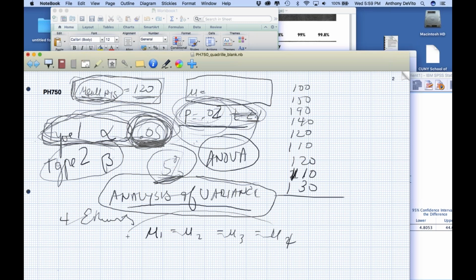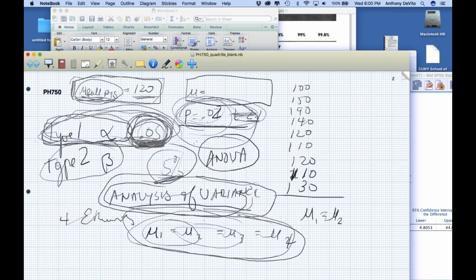We might want to know, gee, can I reject that null hypothesis and prove that the means for at least some of these groups are different? That's where we use analysis of variance. We use the t-test when we're comparing 2 groups. We use analysis of variance when we're comparing more than 2 groups.